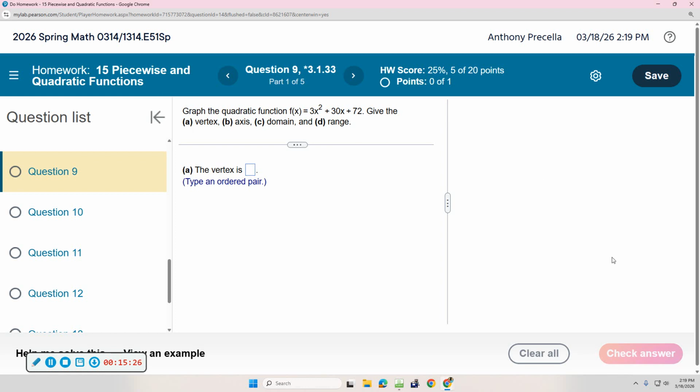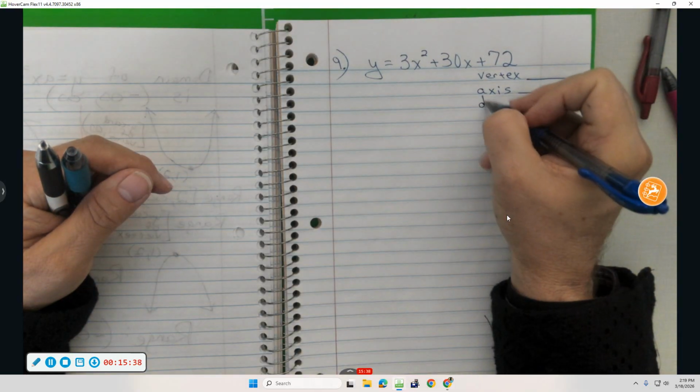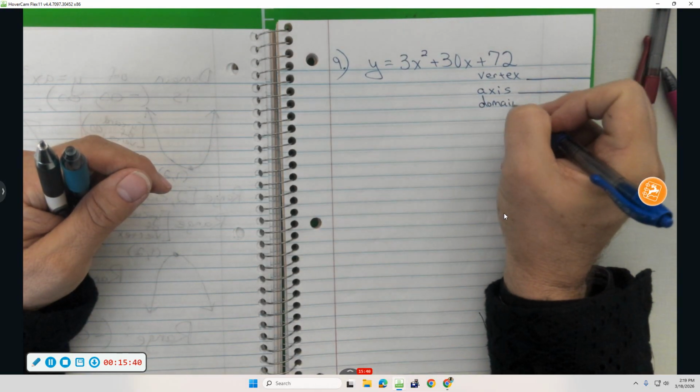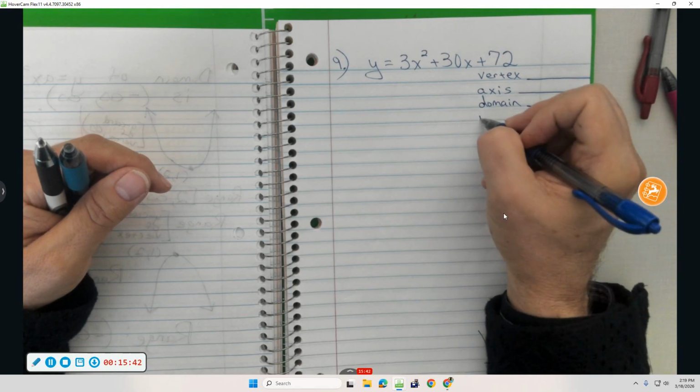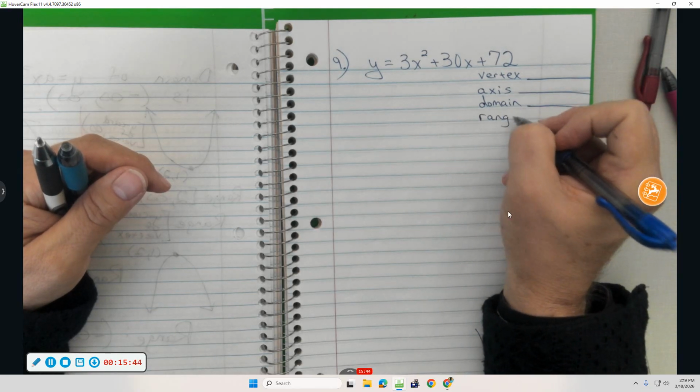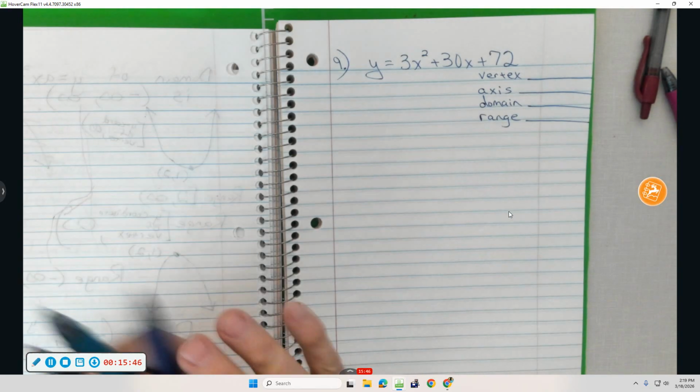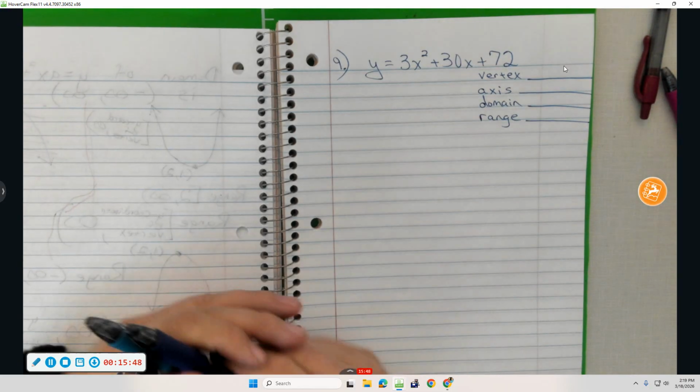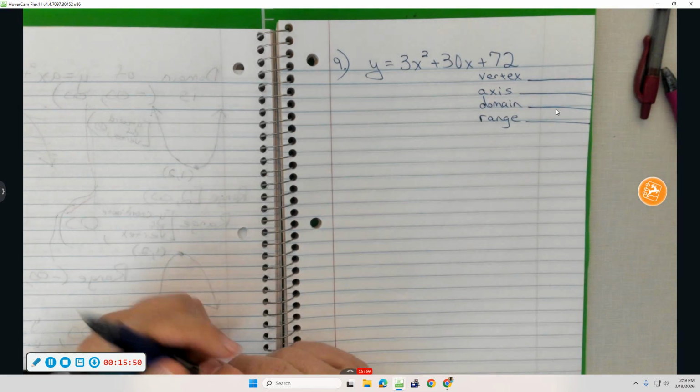So I think I'll write out the information they want. Vertex, axis, domain, and range. One of these blanks I'm going to write in the answer right now.